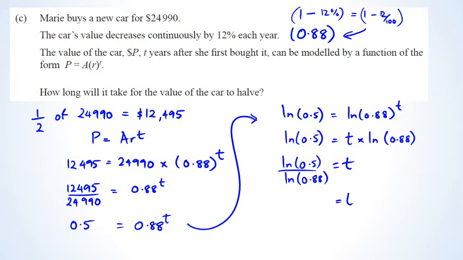So what ends up happening is when you put this in the calculator, you should get t is equal to 5.422. So basically, guys, you can say it takes 5.422 years for the car to halve its price.